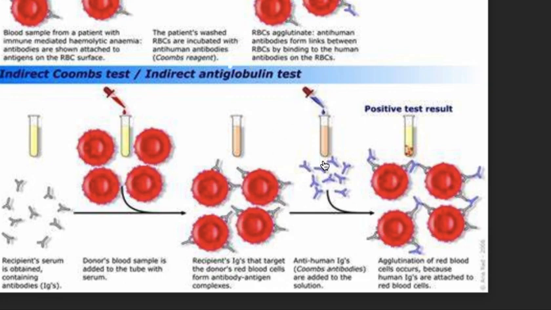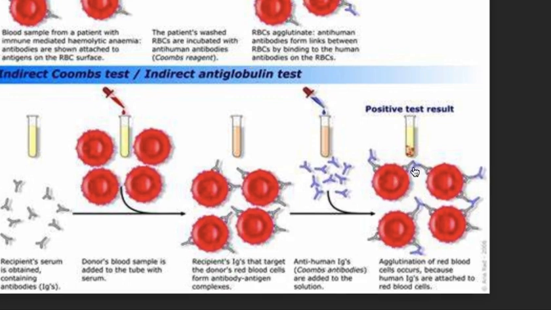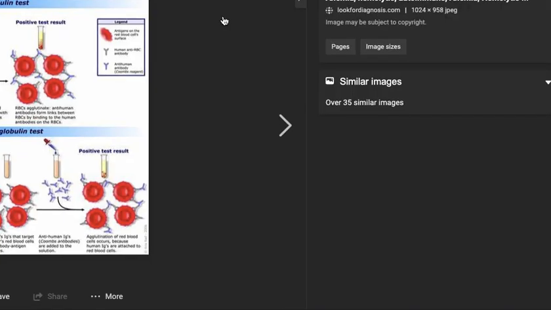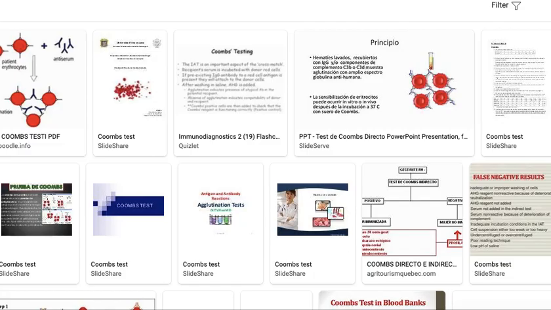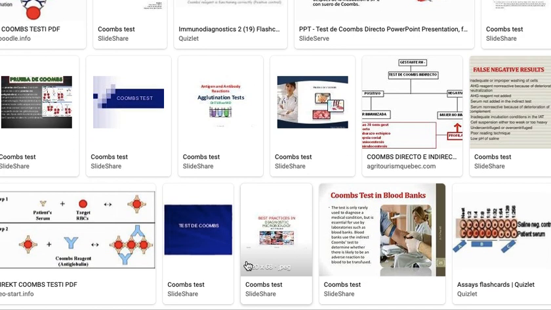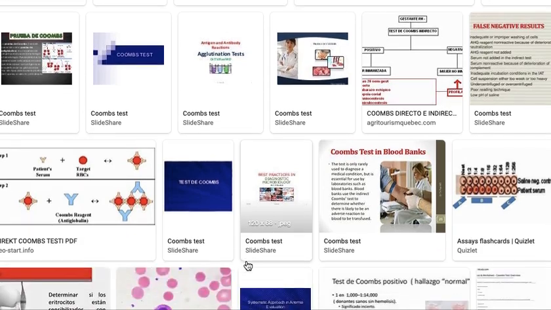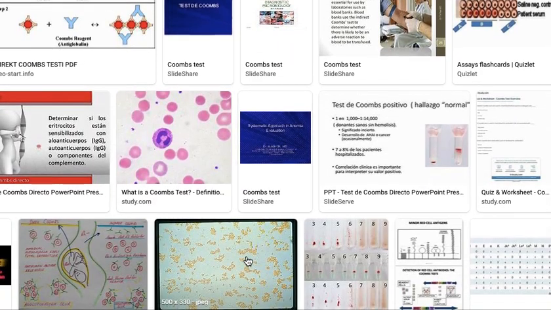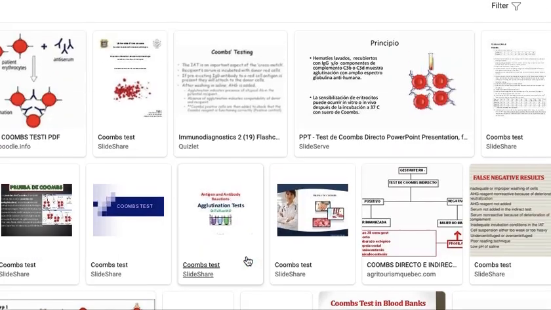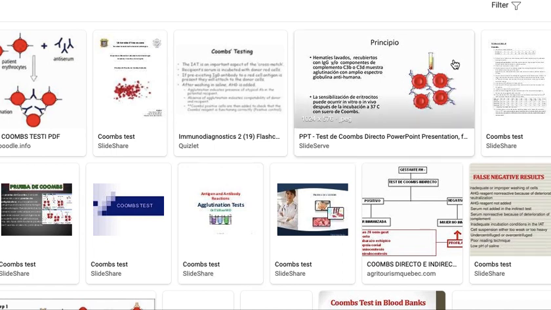They put the Coombs reagent, and if they agglutinate, it is because the immunoglobulins attach to them. These are the tests we can use to find out the cause of anemia. One catches the circulating and one catches the fixed antibodies. If you don't know about this test, it is very important, and it's a very basic thing to know.